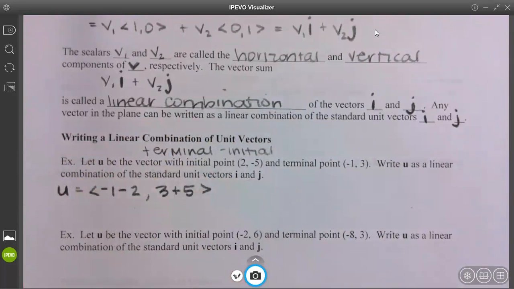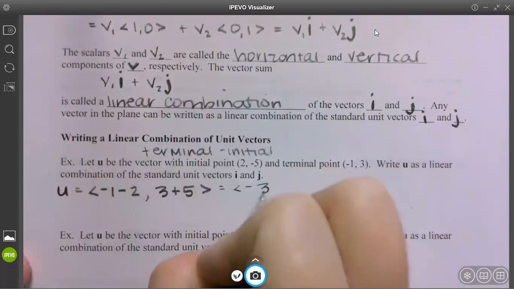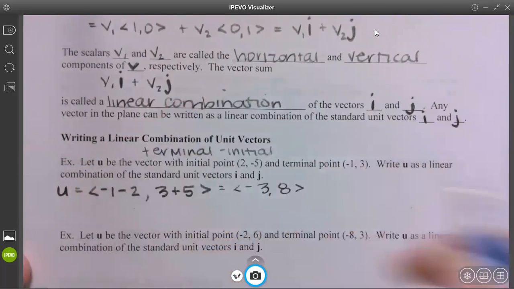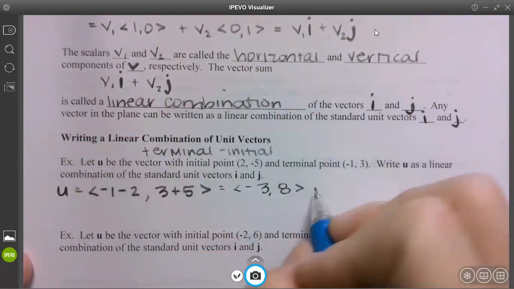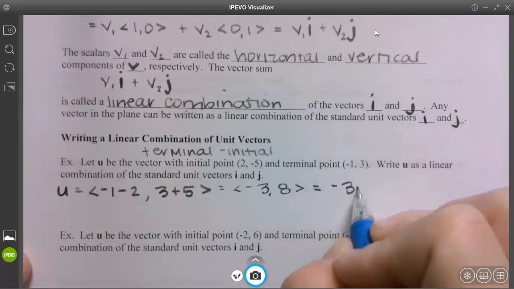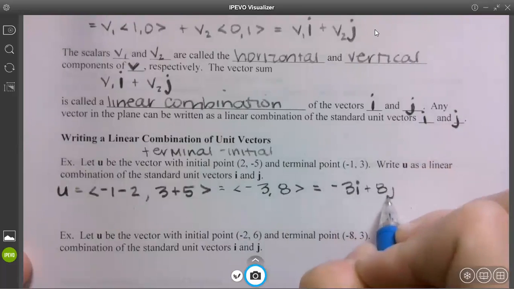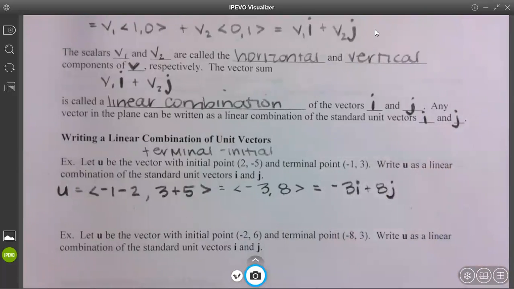So -1 minus 2 is -3. 3 plus 5 is 8. And then as a unit vector, you're just going to put the -3 with I plus 8J. And again, everything can be written like that. So your X coordinate goes with I and your Y goes with J.